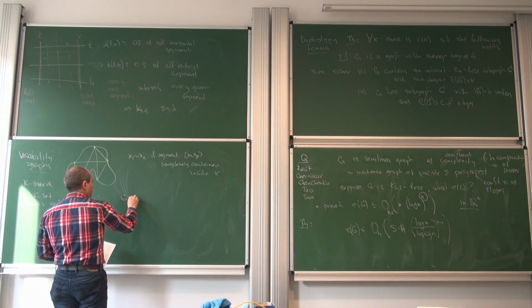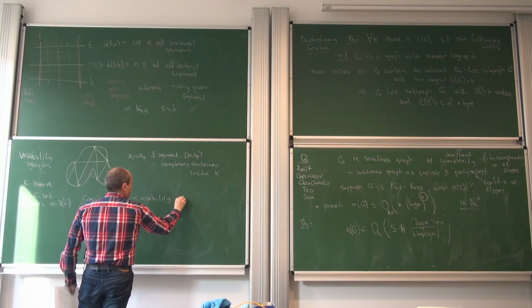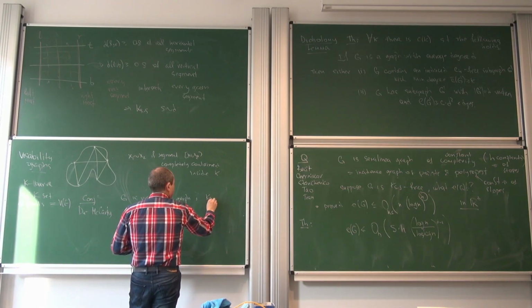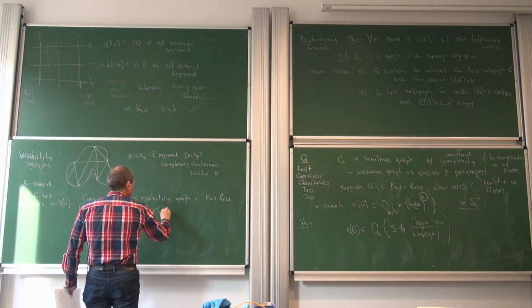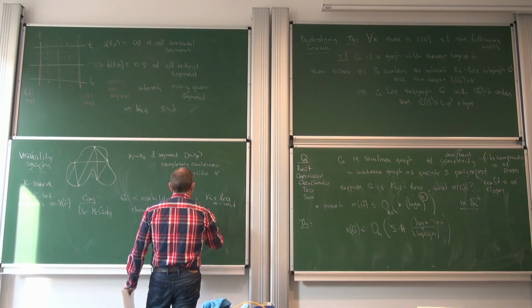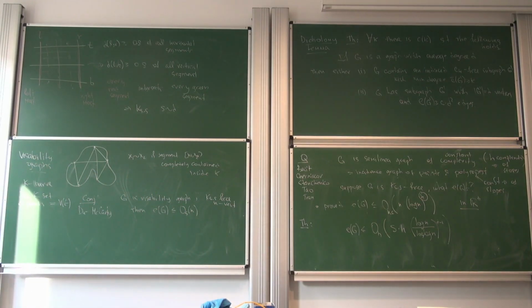If G is a visibility graph and K_{s,s}-free, then the number of edges in G is linear in the number of vertices, with some constant which depends on s. So that's the conjecture. Again, this is an interesting hereditary class of graphs where we can get a linear bound for the Zarankiewicz problem.